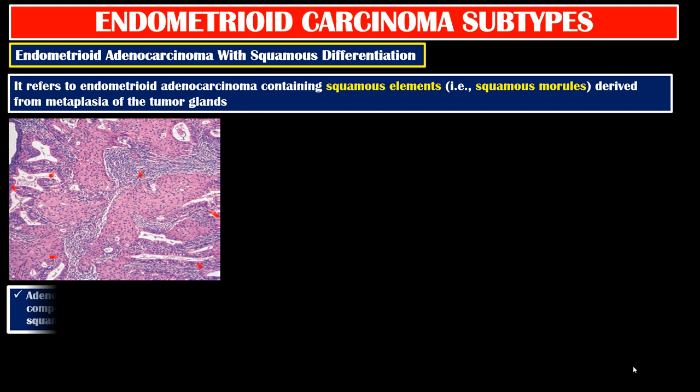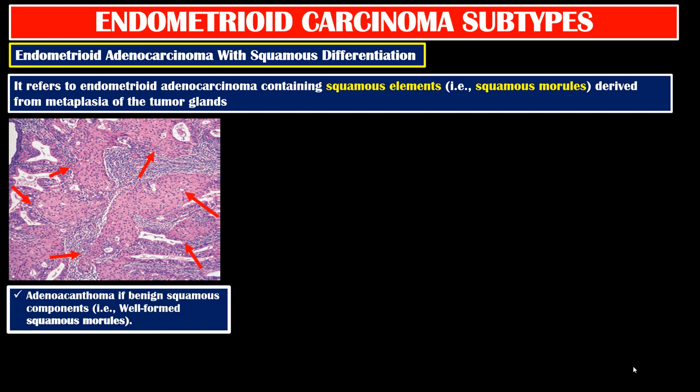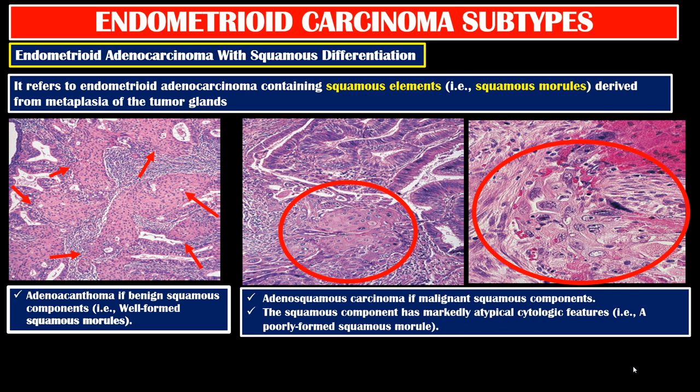It is called adenoacanthoma if benign squamous components, that is, well-formed squamous morules. It is called adenosquamous carcinoma if malignant squamous components. The squamous component has markedly atypical cytologic features, that is, a poorly formed squamous morule.